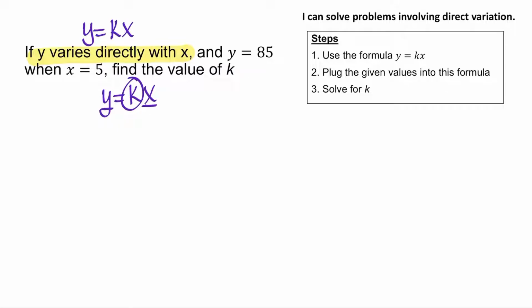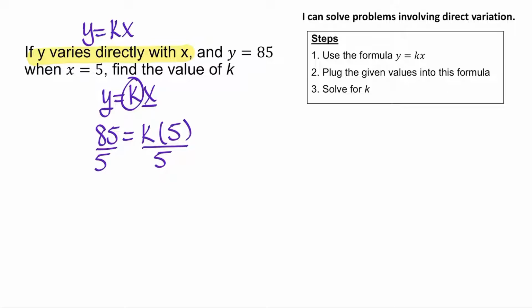All we need to do is plug those given values into this equation. So instead of y, I'm going to write 85, and that equals k times x, which is 5. Now I need to solve this equation for k. Remember that to solve equations, we need to use our opposite operations. Here I have k times 5, so I'm going to undo that by dividing both sides by 5.